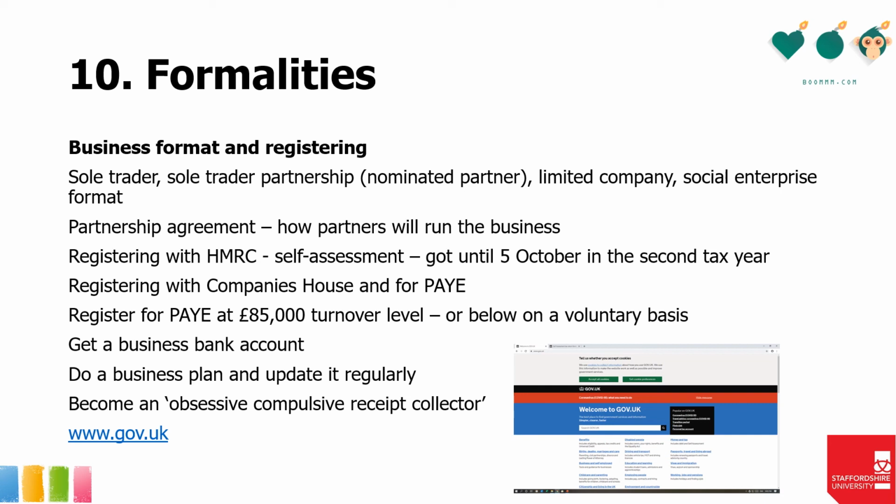A lot of the mainstream platforms now can report directly onto Government Gateway your turnover figures and your revenue figures and your business operational figures, and from that then HMRC can make an assessment. So be an obsessive compulsive receipt collector, find appropriate software on which to record your business incomings and outgoings, and make sure you're on top of them.